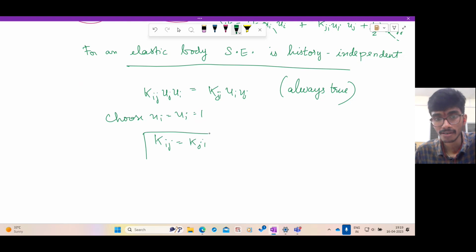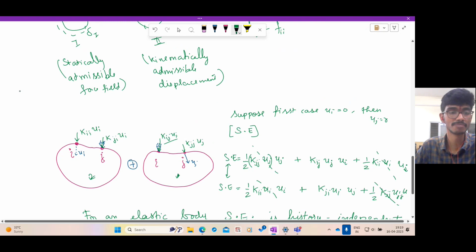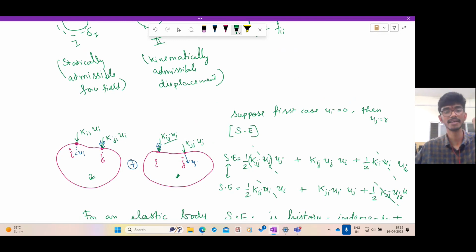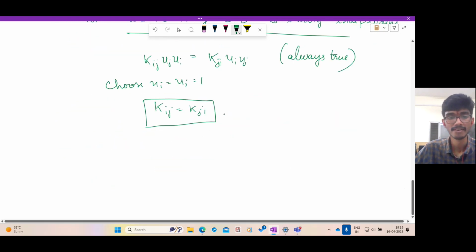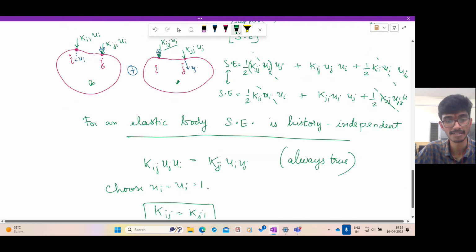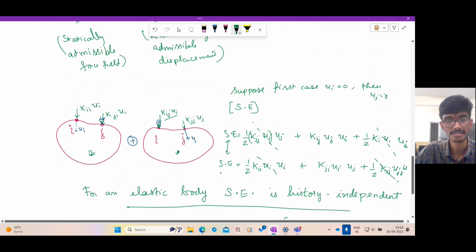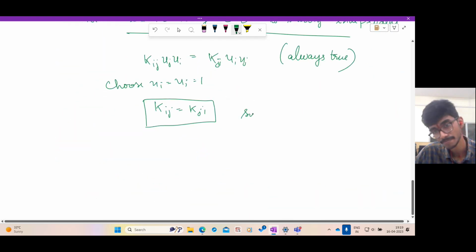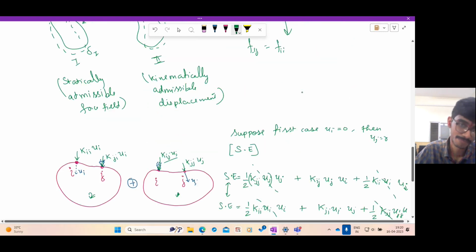What does it mean? The force at a joint J due to a displacement applied at I is the same as the force at joint I due to a displacement at J. This is a very powerful result. These are the stiffness coefficients, which means the stiffness matrix is symmetric. So this we have proved.